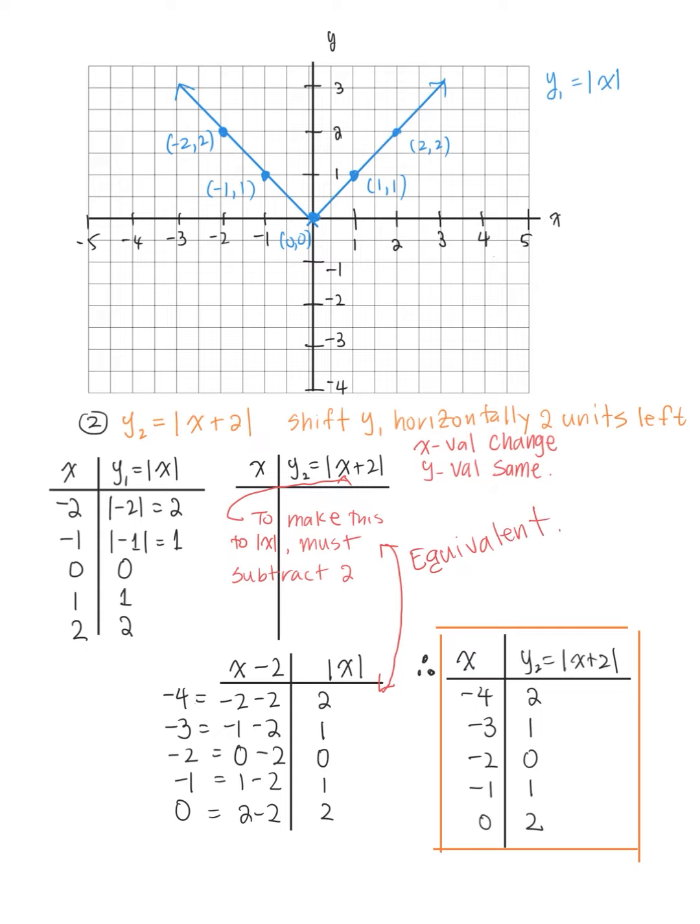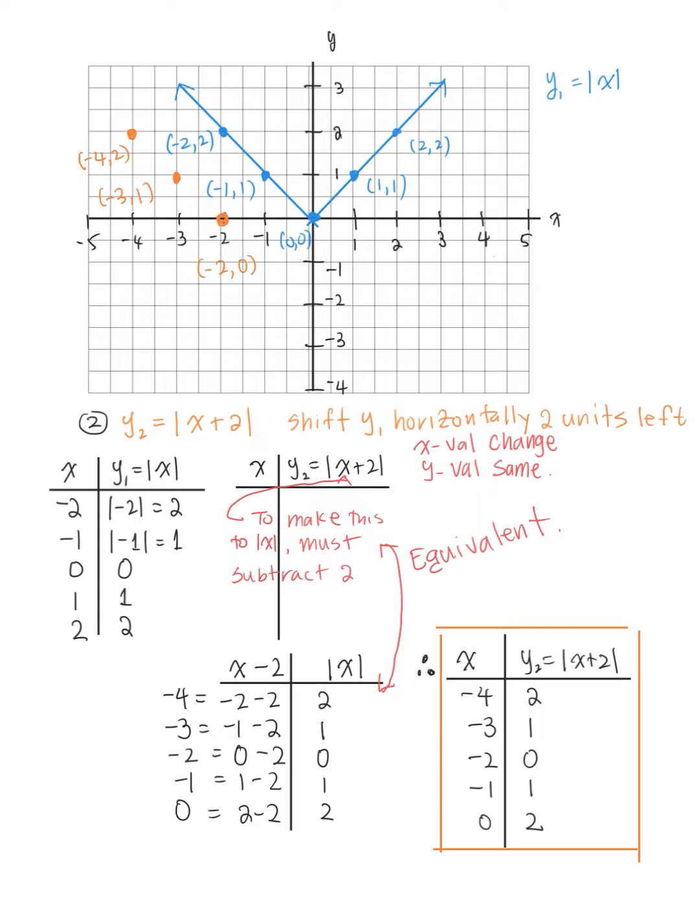All right, now let's graph this out. The first one is negative 4, 2. So you got negative 4, 2. Next one is negative 3, 1. The next one is negative 2, 0, so that will be here.